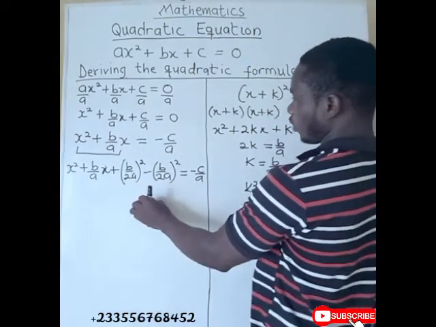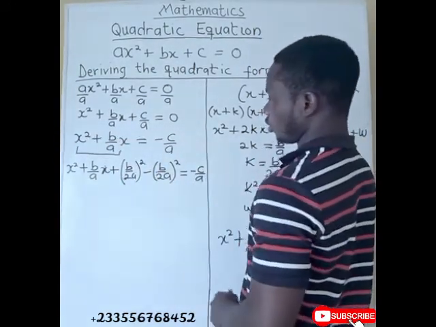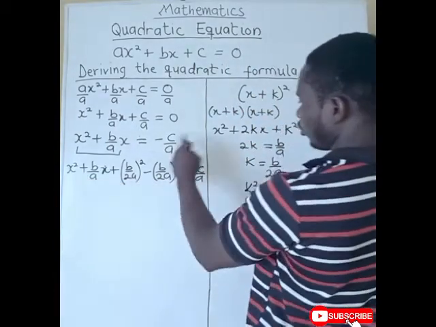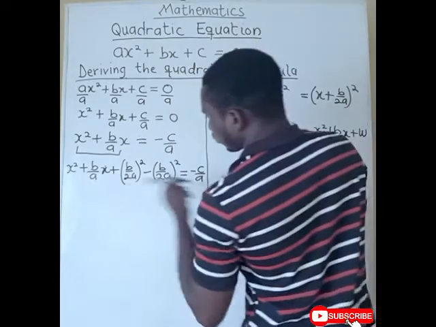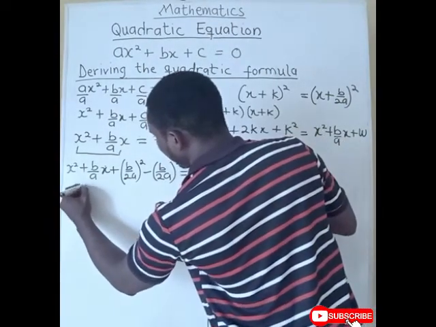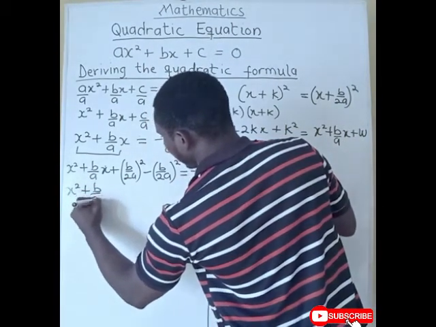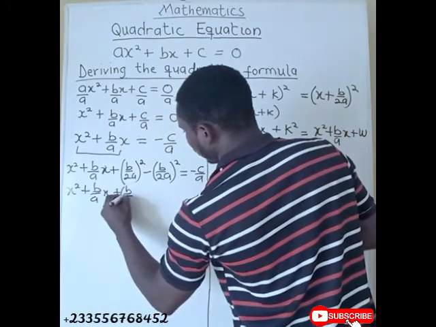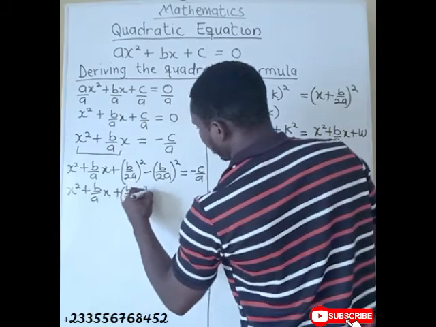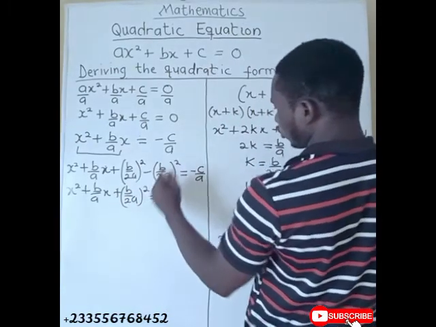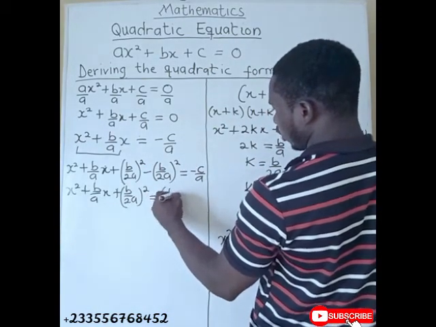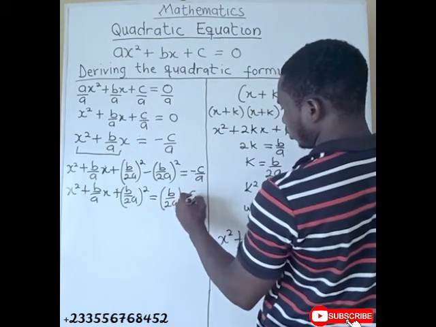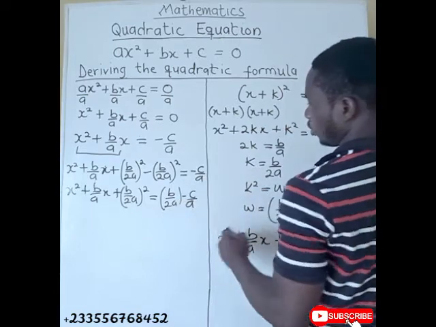So this and this will give us 0, and we are back to this equation. But since we want to change it to this form, we will maintain it like this and bring this one to this side. So x squared plus b over a x plus (b over 2a) all squared is equal to, when this one crosses the equal sign, it becomes positive, (b over 2a) squared minus c over a.